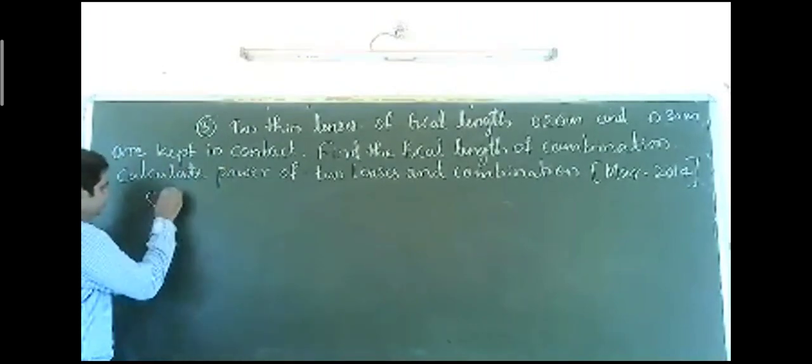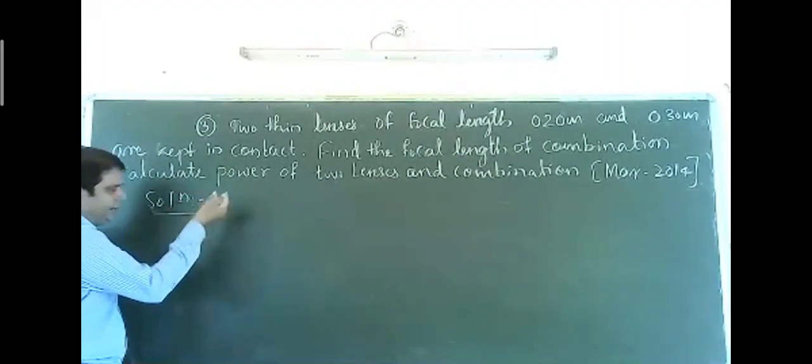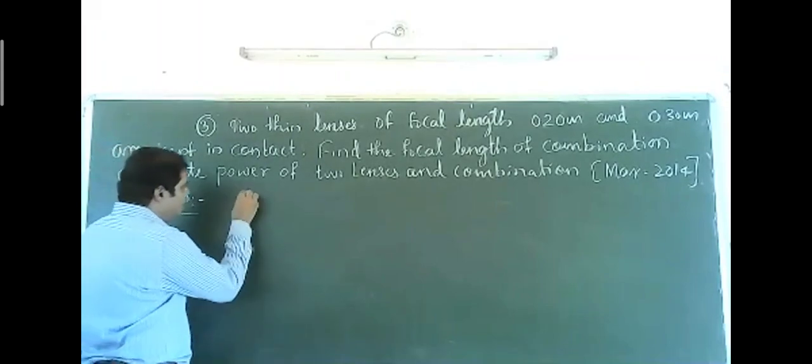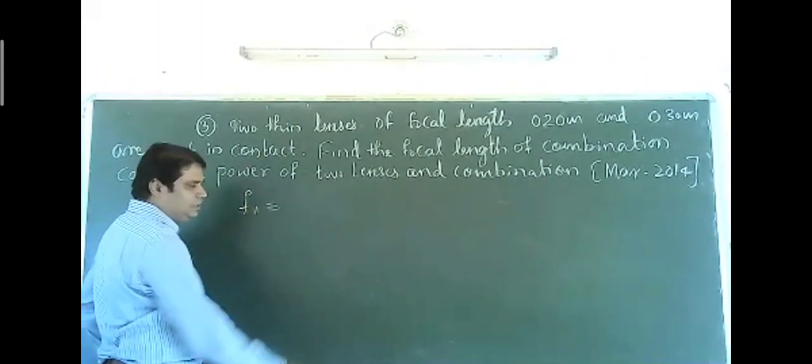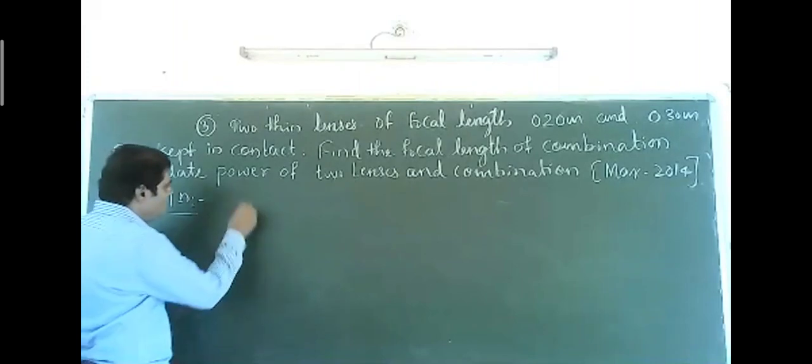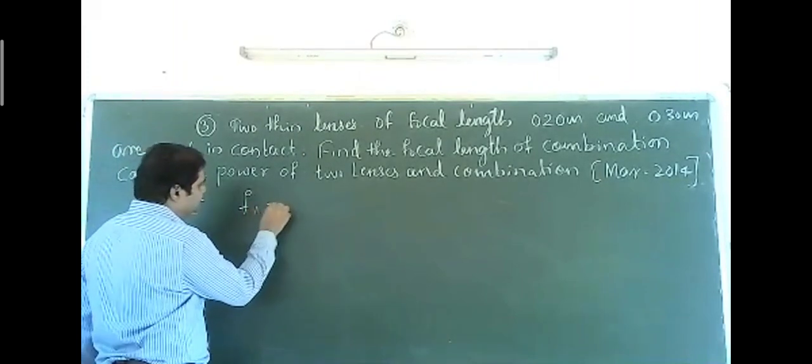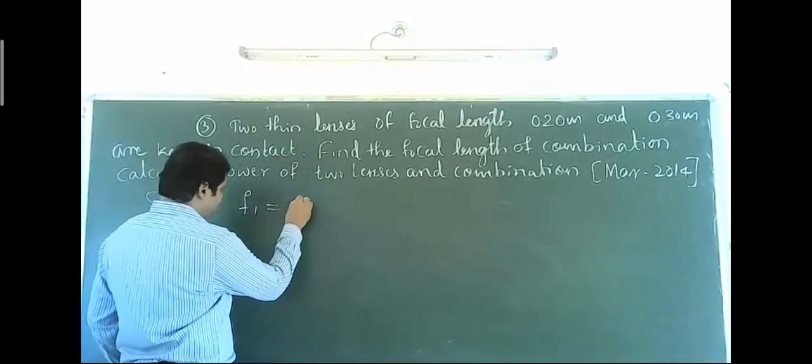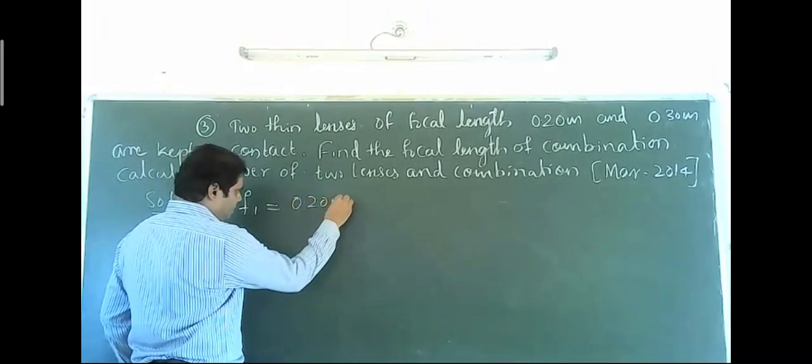Write the solution. Or you can write given, whatever it may be. Focal length of the first lens is 0.20 meter.